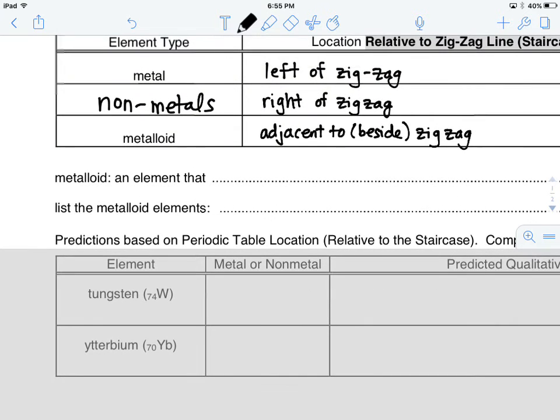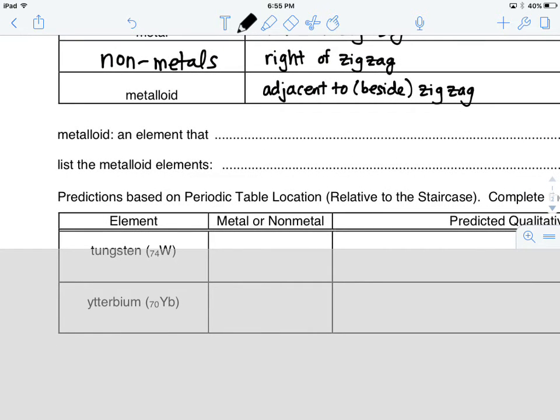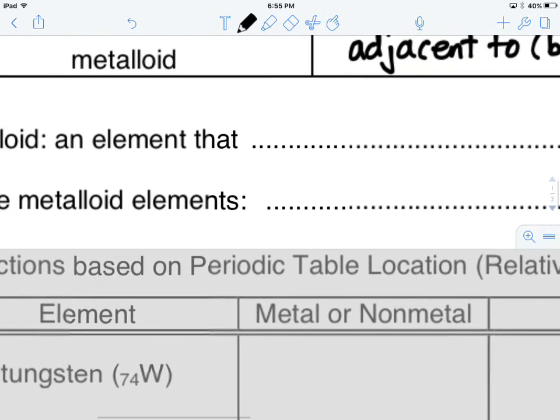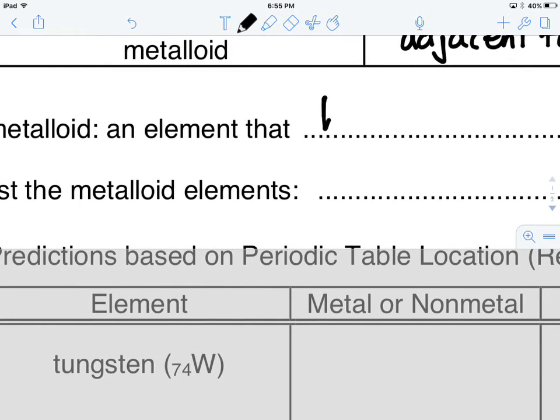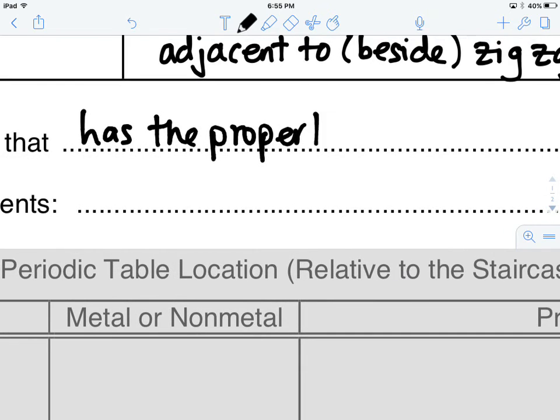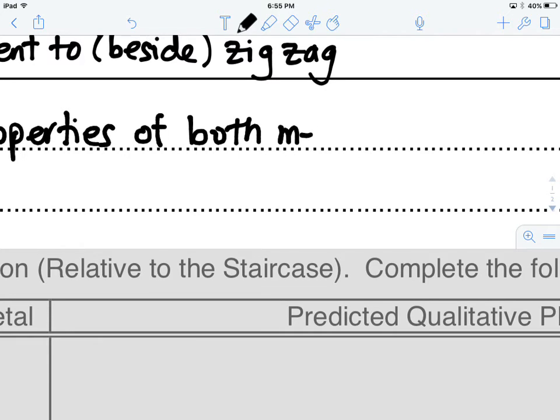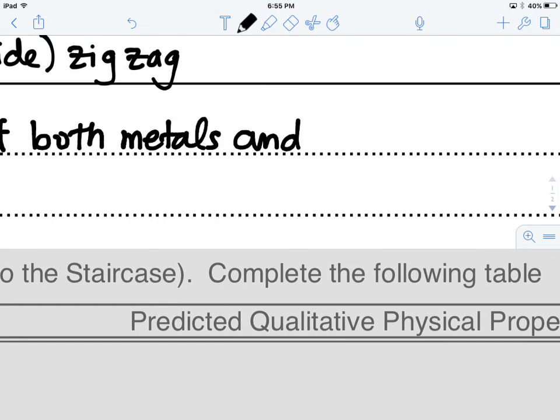All right. So a metalloid is an element that has the properties of both metals and nonmetals.